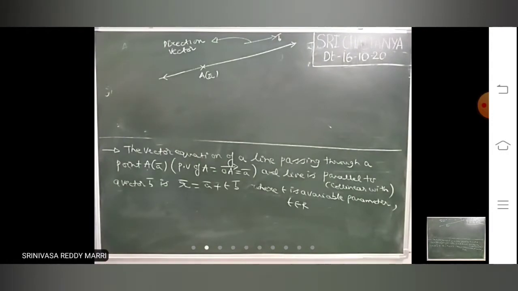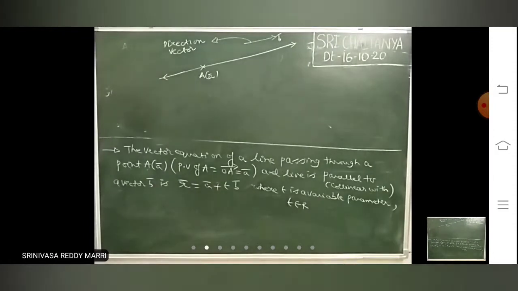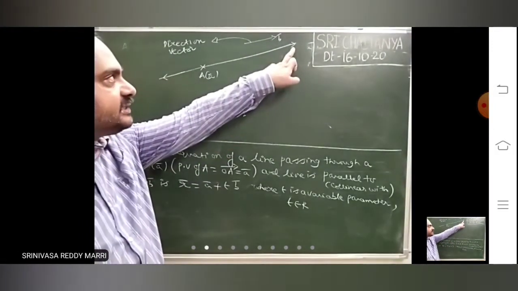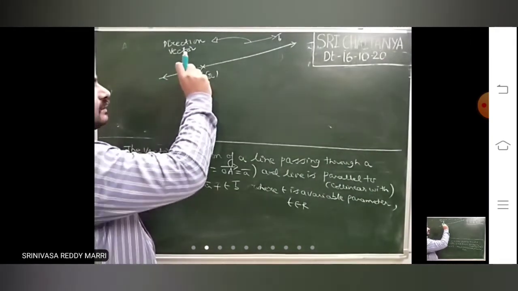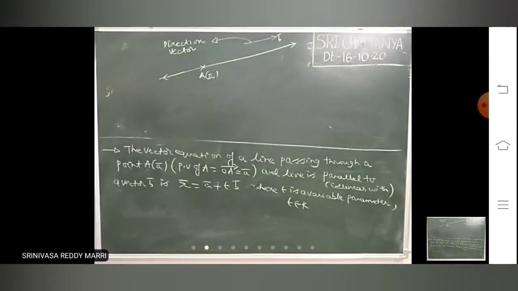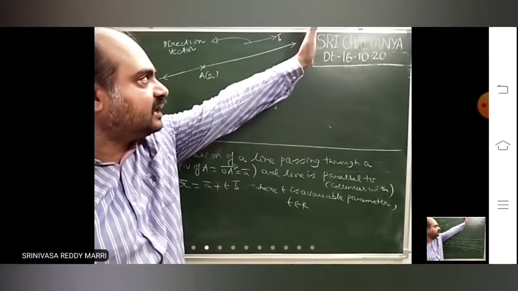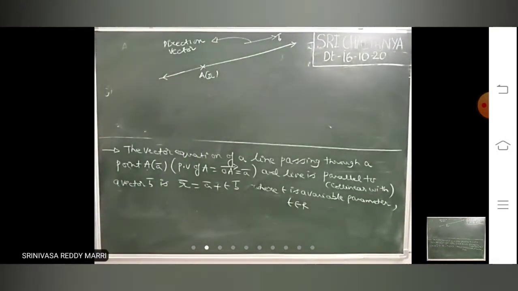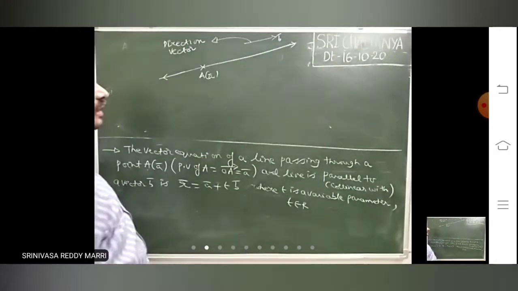Minus B bar. Every line will have two directions. Like this one direction, like this one direction. This is the direction of B bar. That means this is the direction of what? Minus B bar. Look at. If it is in the north direction, this is in the south direction. Same line. Okay, now same line opposite means what? This line is towards north means this will be towards south. That is, it is drawn parallel to this.